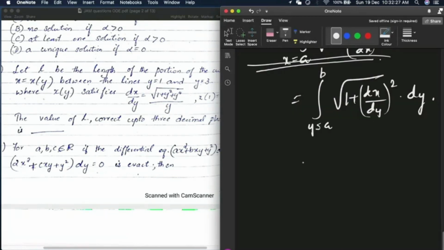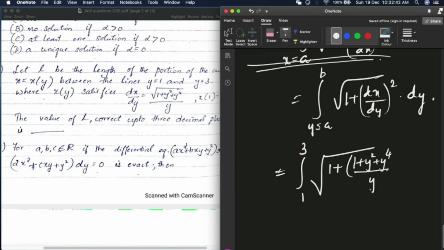So first let's use this formula. The limits are given to you, 1 to 3, root of 1 plus, so this is nothing but y square plus 1 the whole square.